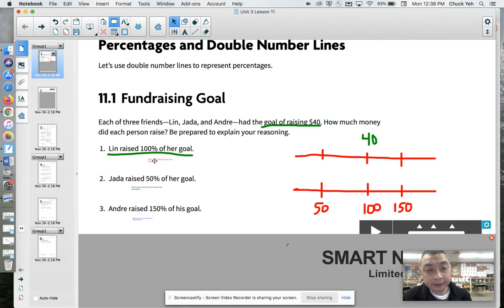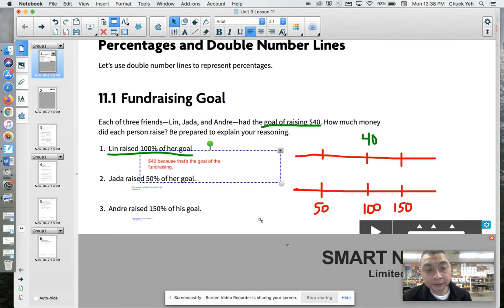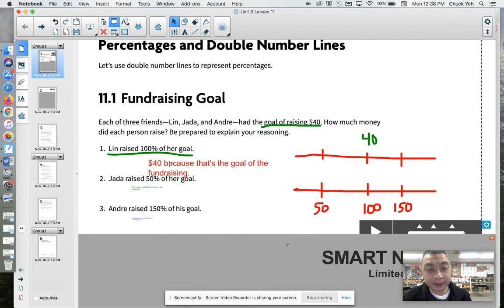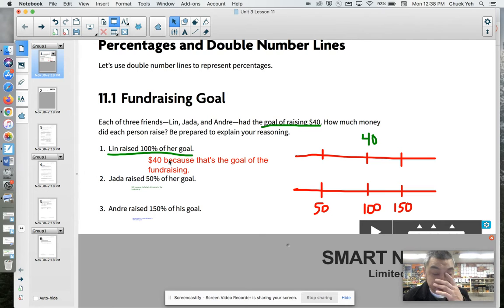And then if I didn't draw the double number line, then this is my explanation, $40, because that's the goal of the fundraising. Okay? So what's half of 40? So half of 40 is 20.